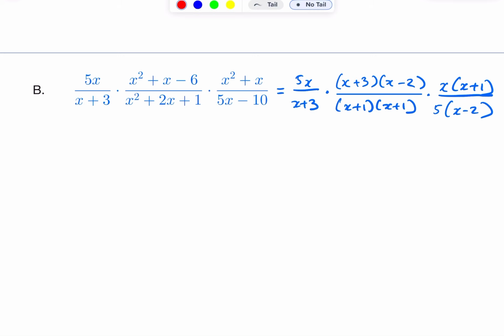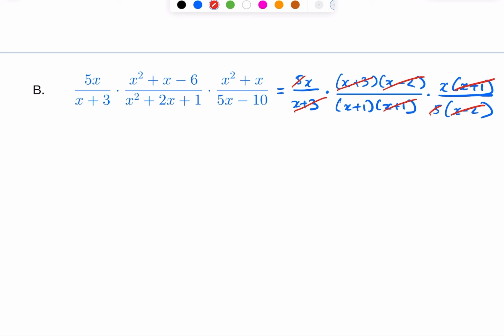We have a 5 up here and a 5 down here, so that cancels out. We also have an x plus 3 and an x plus 3 down here, so we can cancel those out. We have an x minus 2 up here and an x minus 2 down here, so we cancel that out. And then lastly, we have an x plus 1 here and an x plus 1 there, so we can cancel that out.